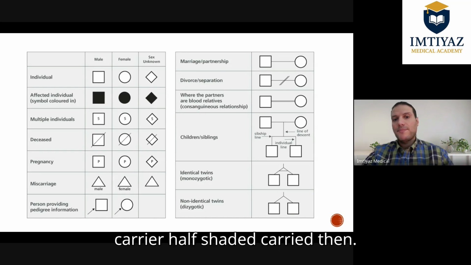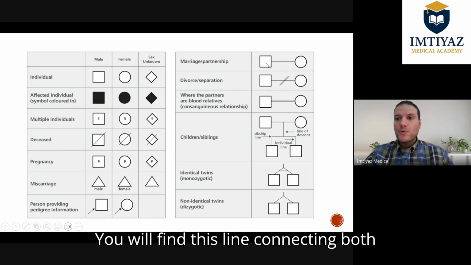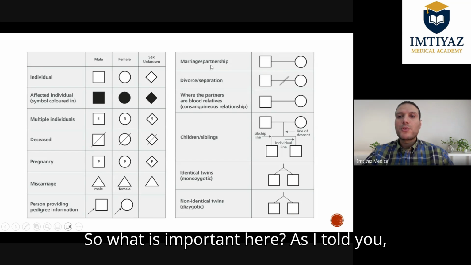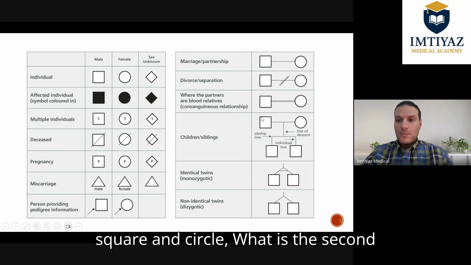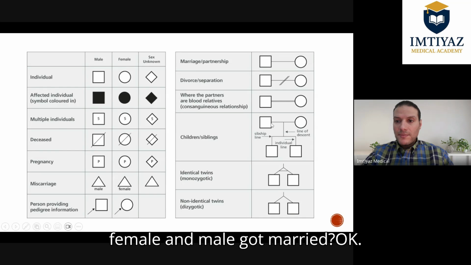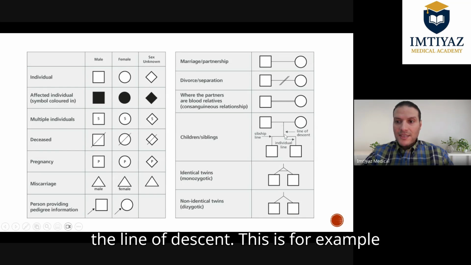Half shaded, carrier. Then you will find this line connecting both of them. This line means they got married. So what is important here? As I told you, square and circle. What is the second most important thing on this slide? If a female and male got married, then you will have a line of descent.